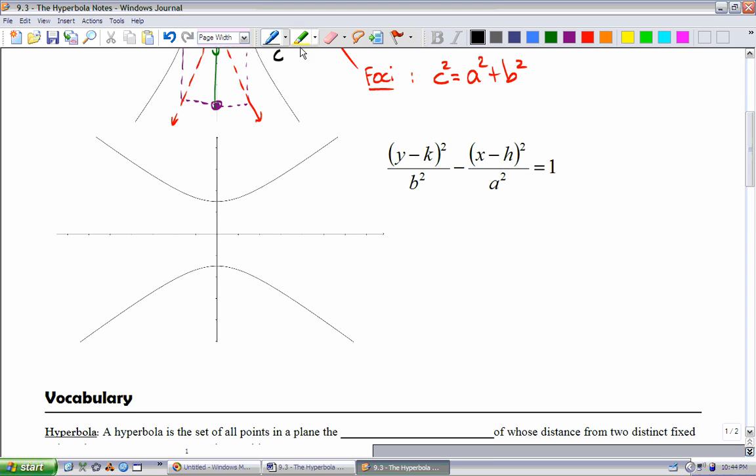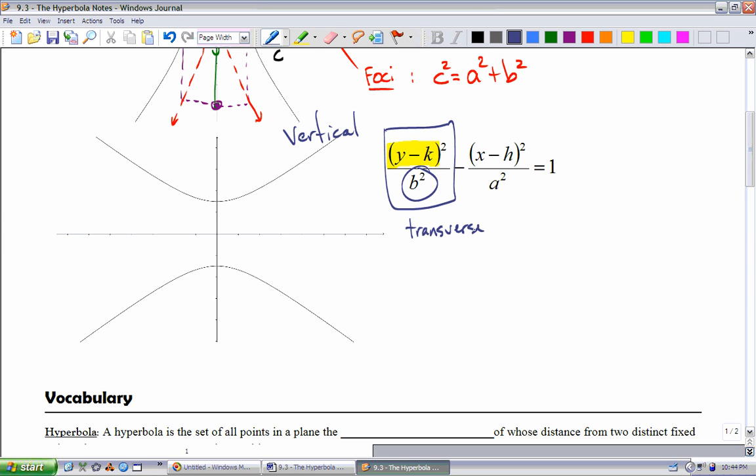Let's take a look at the vertical. Notice, we'll go a lot quicker here. The vertical, the y value comes first. So in this case, the hyperbola opens up. It's vertical. Notice in this case, since the y term comes first, our transverse axis is running vertically, which should make sense.